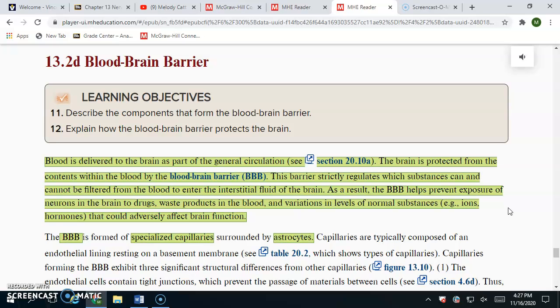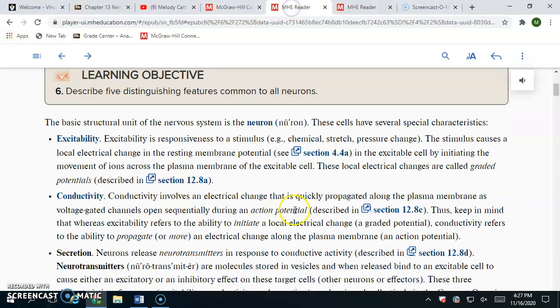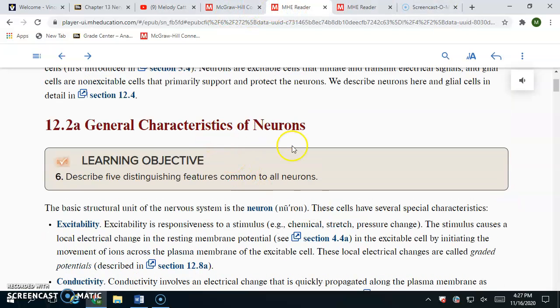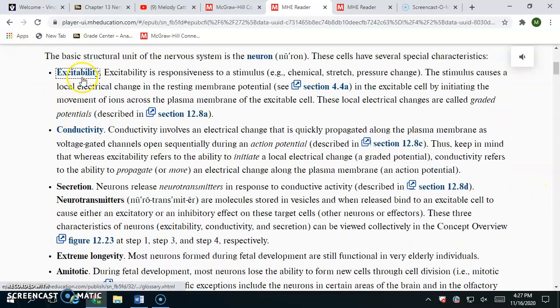But remember from chapter 12, we talked about the characteristics of neurons, and one of the characteristics is they're excitable. So they respond to a stimulus. If there's any change, whether it's a chemical, some sort of stretch or pressure, that can cause them to have a change in their membrane potential and initiate a graded potential or action potential, essentially.